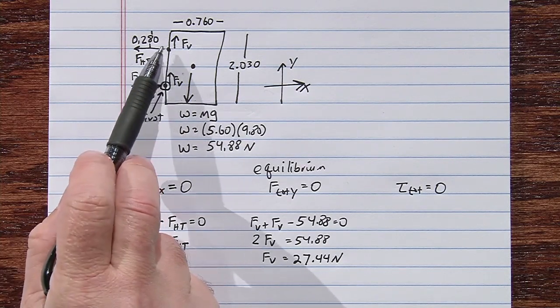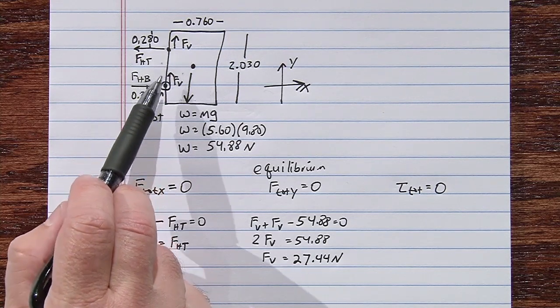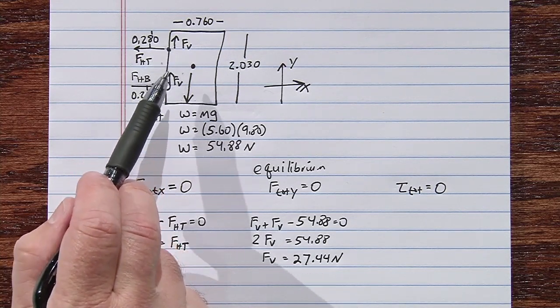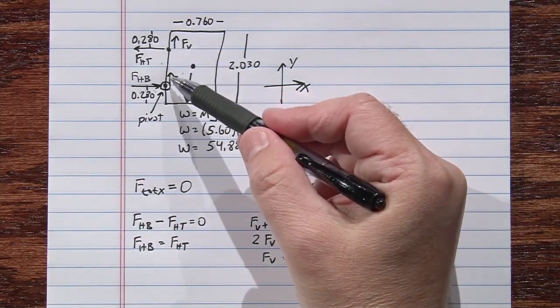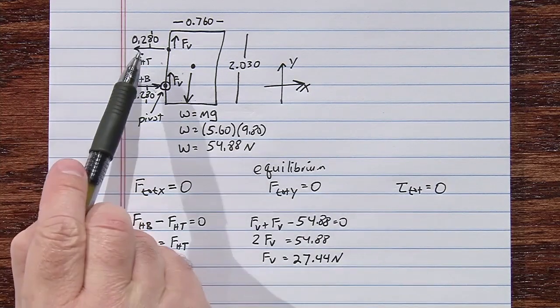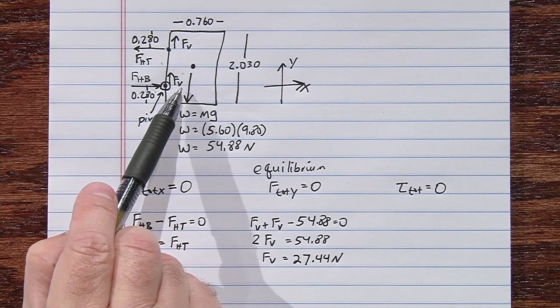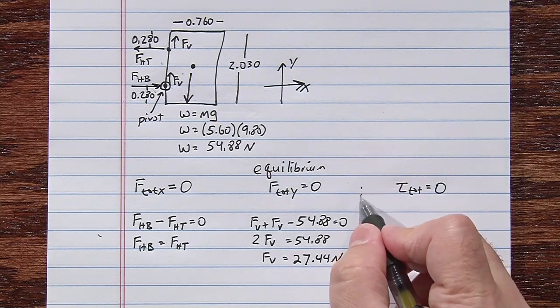The vertical force from this hinge will not exert a torque because that component of the force is directly in line with the pivot point. And so my only two torques will come from the top hinge and the weight of the door. So I'll only have two terms in my torque total. Okay, I'll draw a little separator here.